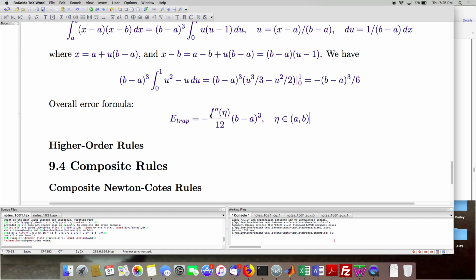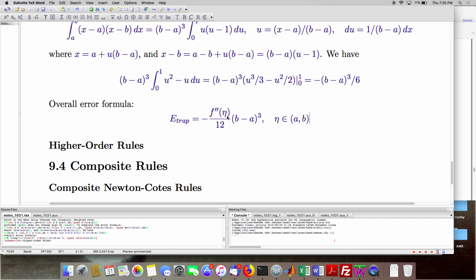In cases where the second derivative is known to have the same sign on AB. Now, in the book, I have this error worked out for the midpoint rule.